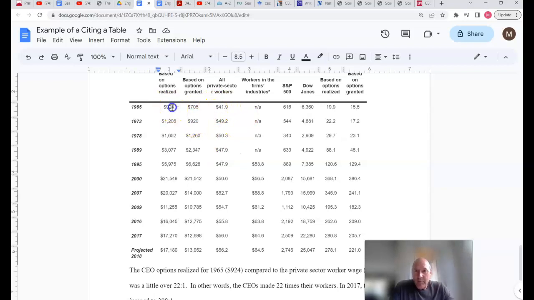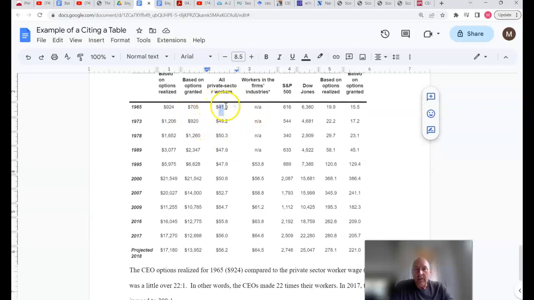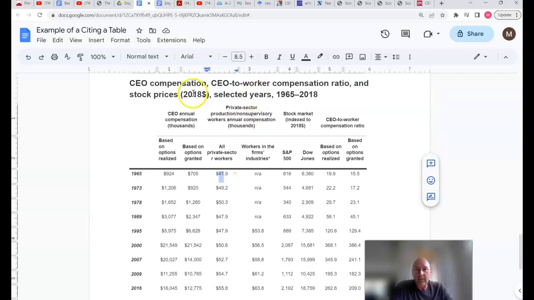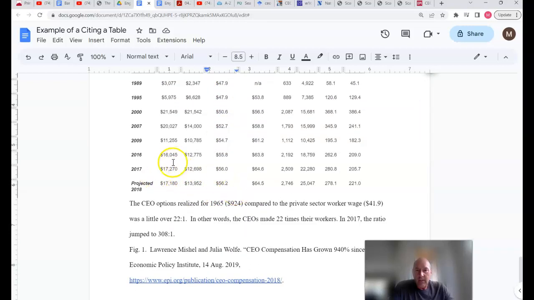But anyway, I took this number and I divided it by this number, and that gave me the ratio of the realized options. By the way, these are in thousands, so you would multiply these by 1,000, which is crazy because in 1965 they made a lot of money. But the ratio was 22 to 1, and then they have a projected 2018 date. I didn't even want to use that.